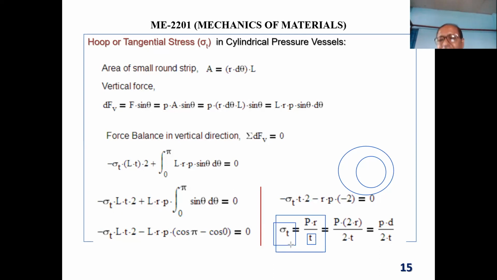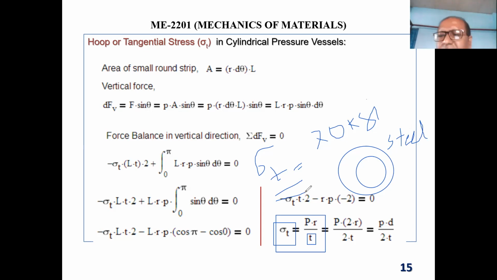Say you design a pressure vessel and you find a sigma T value, for example, 70 KSI. You design with steel, so your sigma T you have to keep less than the yield strength.